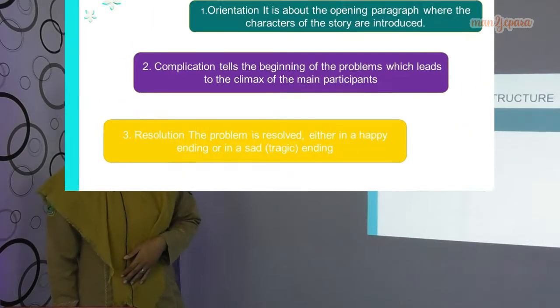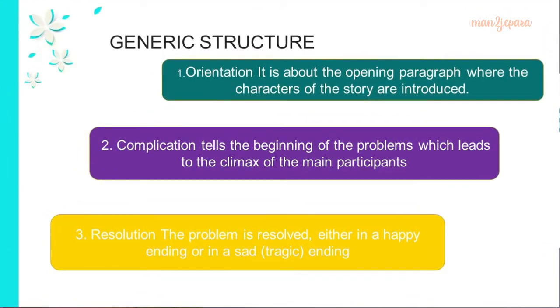Now the generic structure of narrative text. The first we have orientation. It is the opening paragraph where the characters of the story are introduced. Maksudnya, dalam orientation ini kita akan membahas tentang paragraf pembuka di mana semua pelaku akan dikenalkan.